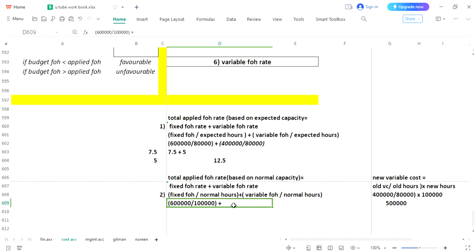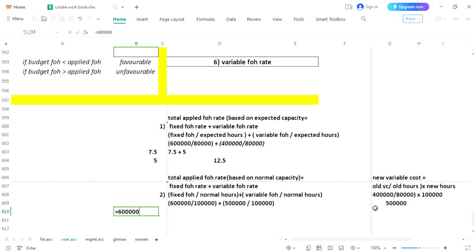Okay, so here you can calculate your rates as well for variable. The new variable FH we have calculated is 5 lakh, and we need to divide it by normal hours, which are 1 lakh. Here we will be calculating our fixed FH rate. It would be 6 lakh divided by 1 lakh. So the fixed FH rate has arrived and it is 6.